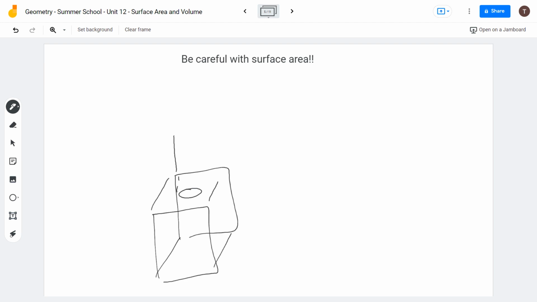And again, please excuse my drawings. The bottom of that cylinder is not actually part of our surface. The top of that cube that the cylinder sits on is not part of our surface. So if we were to paint this, we would not be painting in here. So that's where we have to be careful.